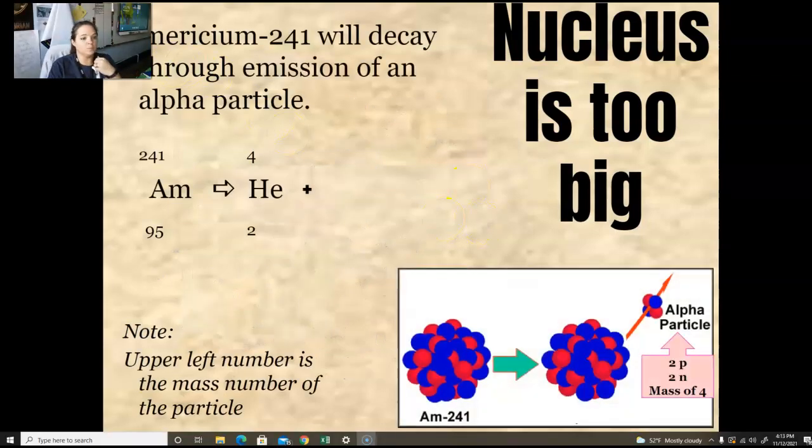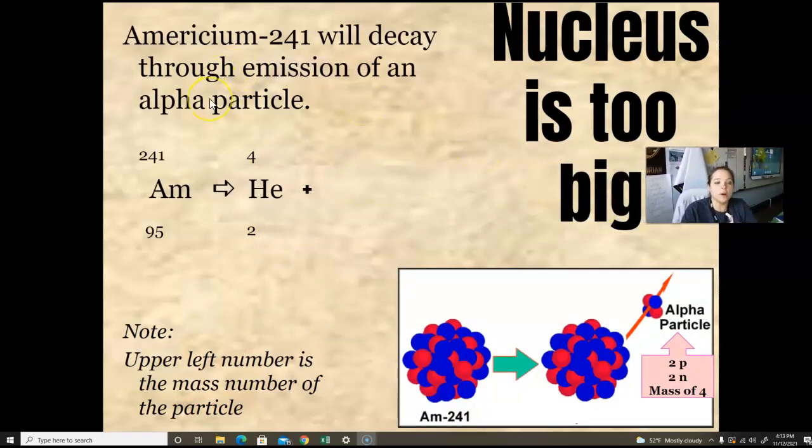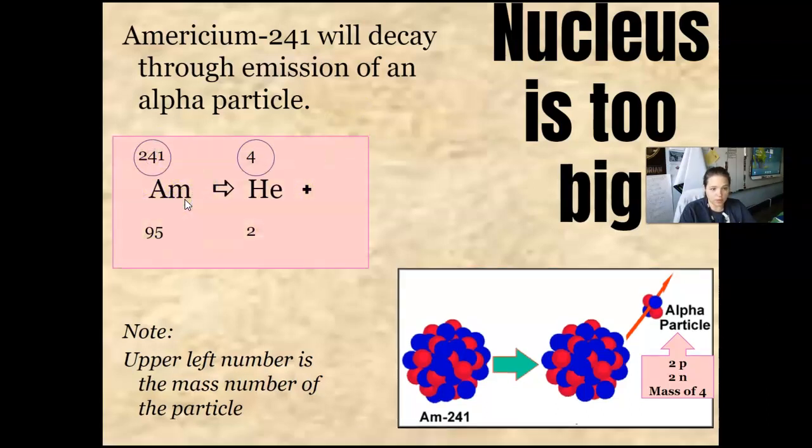So, for instance, let me move myself out of the way. Americium-241 will decay through emission of an alpha particle. So you have Americium and the alpha particle.